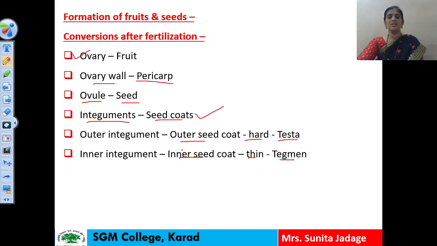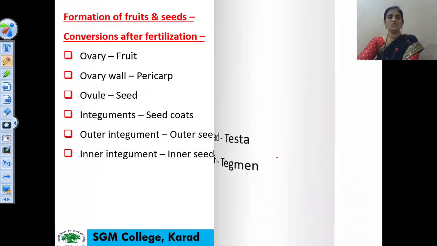Inner integument is converting into the inner seed coat, which is thin, known as a tegmen. In this way, the conversions we can observe after fertilization in the angiospermic plant.